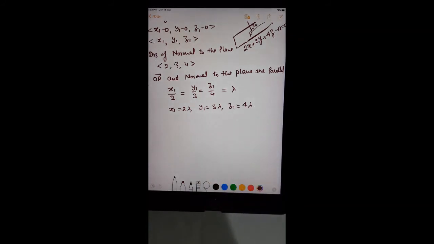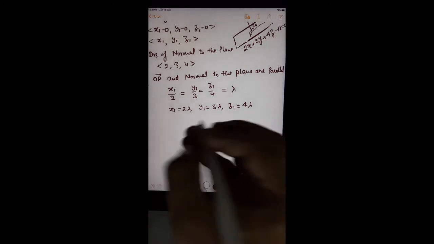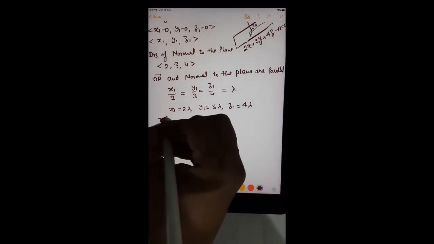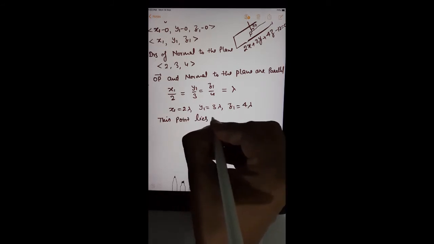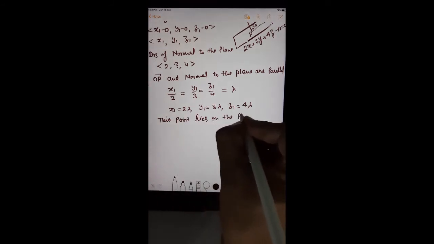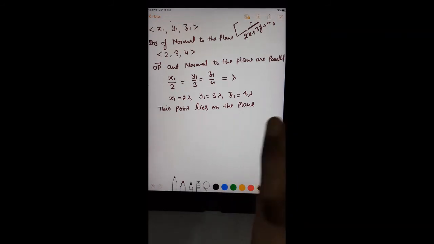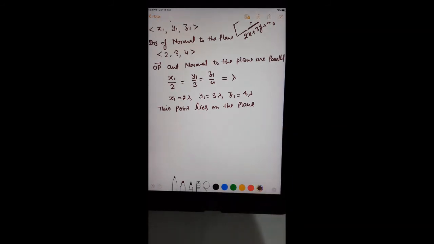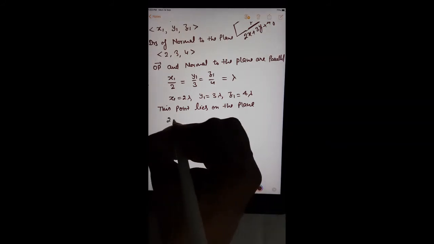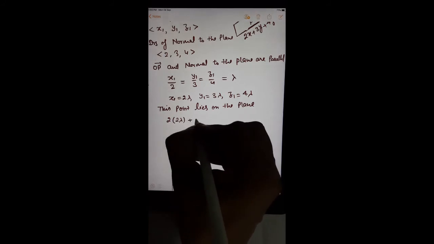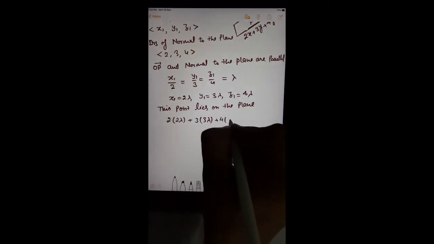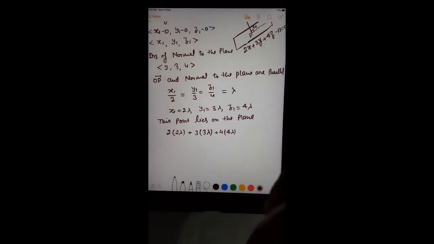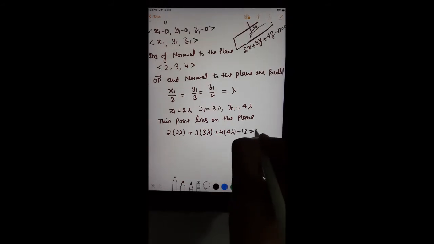Now because this point P lies on the plane, the x1, y1, z1 satisfy the equation of plane, that is 2 times 2 lambda plus 3 times 3 lambda plus 4 times 4 lambda minus 12 equals 0.